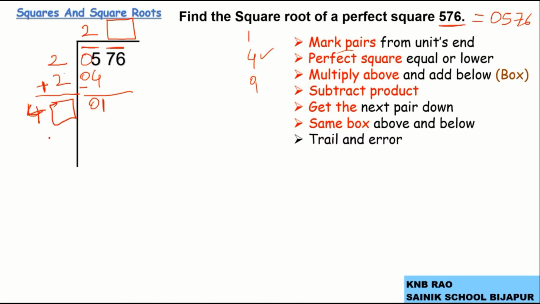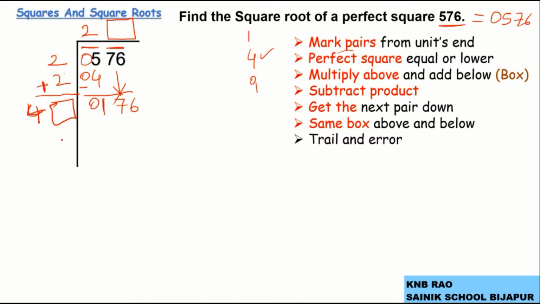That means I have here a new divisor being any one number from 40 to 49. So how to choose? First bring down the next pair. Next pair I have 76. Once I brought this down, it becomes 0176, which is 176.